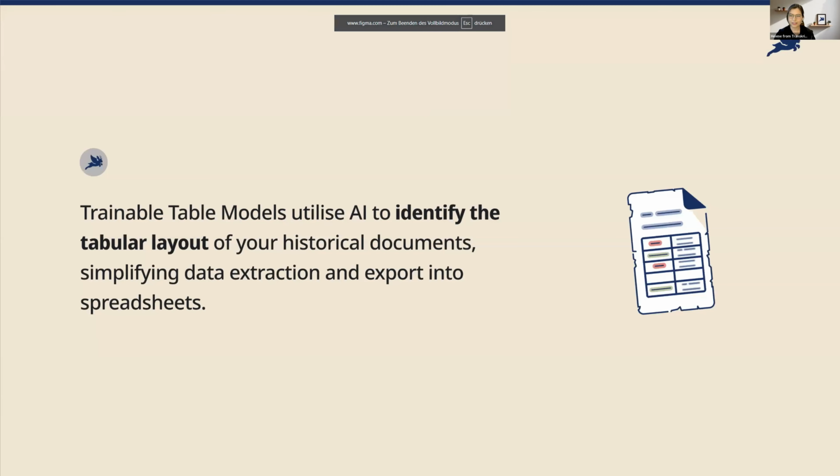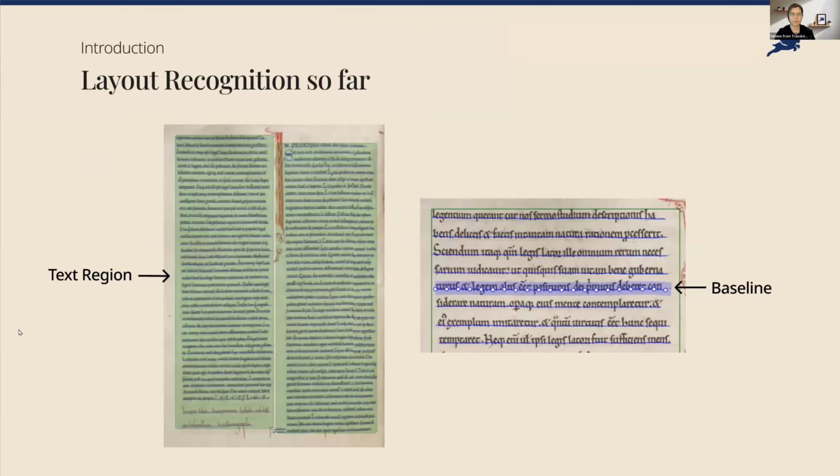As Flo already explained, our trainable table models basically utilize AI to identify the tabular layout and tabular structure of your historical documents. So that makes it easier to not only recognize the text in your document, but also extract the data and export it into spreadsheets. So to really have the correct context and structure of your historical documents.